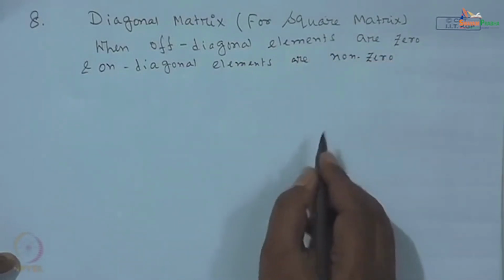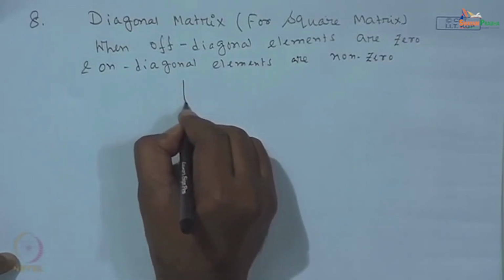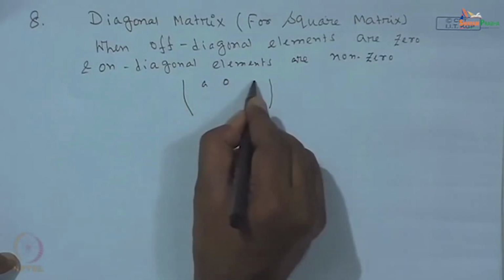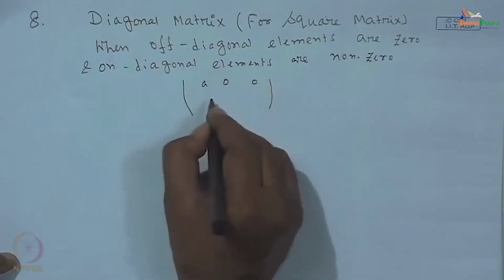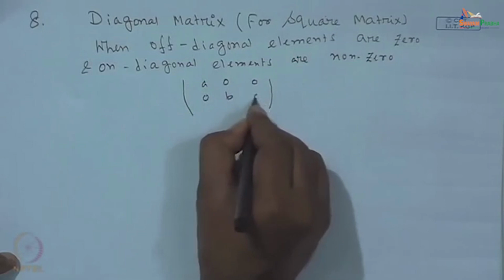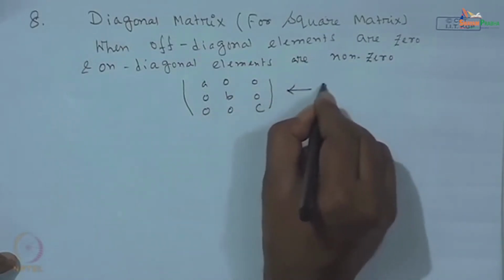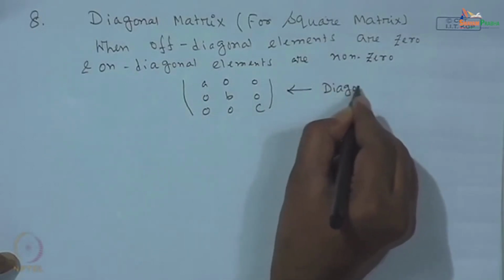Then the matrix is called a diagonal matrix. So, if you talk about this matrix, let us say A 0 0, 0 B 0, 0 0 C, then this is a diagonal matrix.